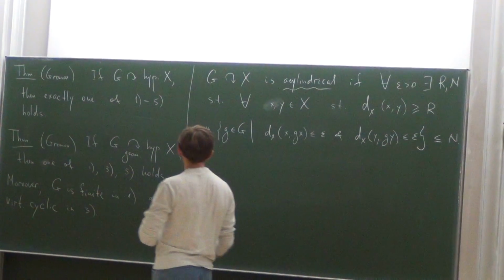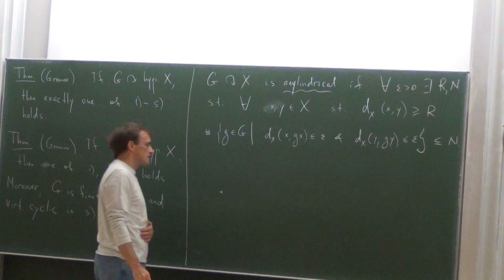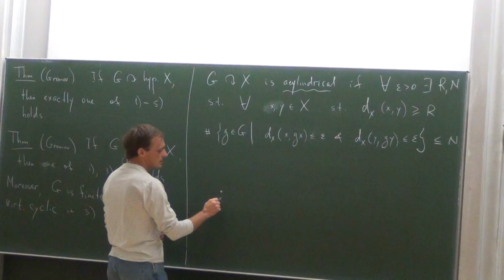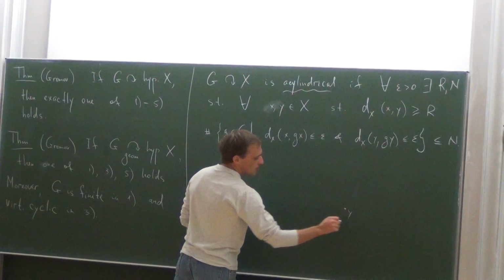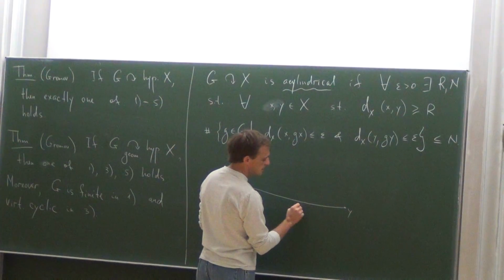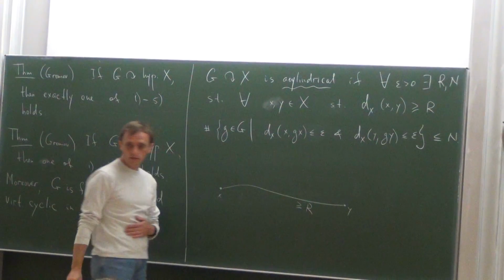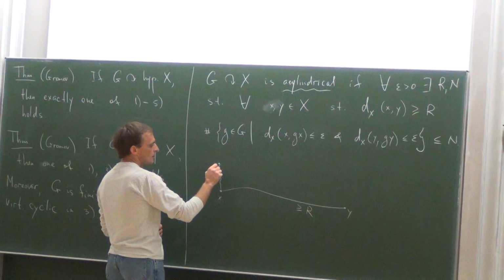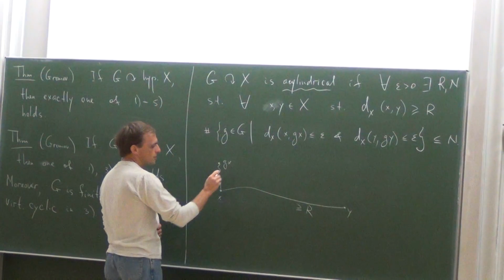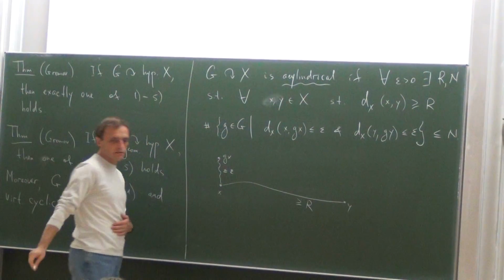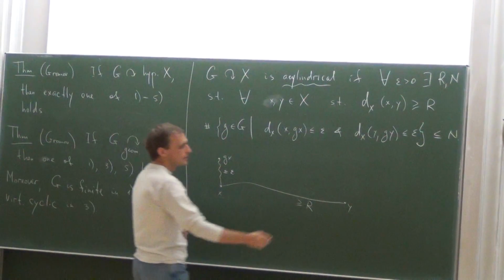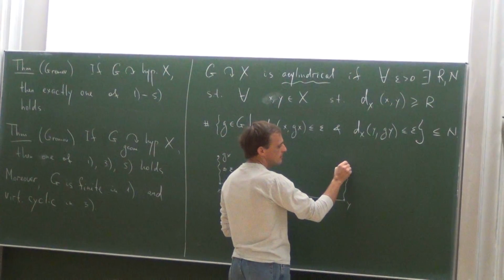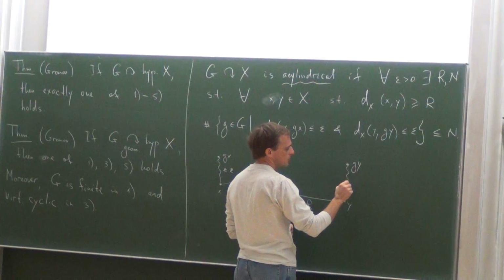So here is the picture, which you'll probably see again several times. This is my x, this is my y, and the distance between them is large. And then you look at all elements which fix x up to epsilon and y up to epsilon.